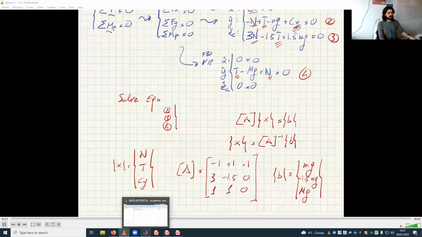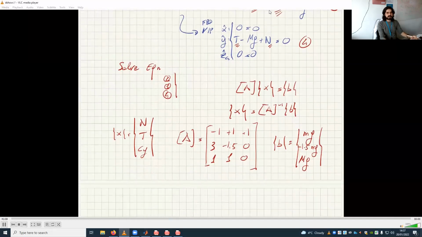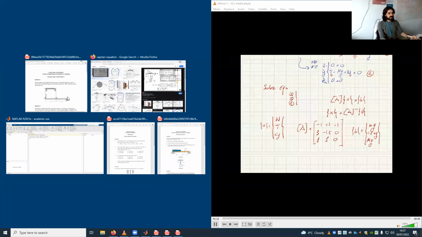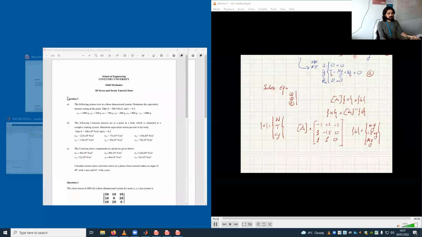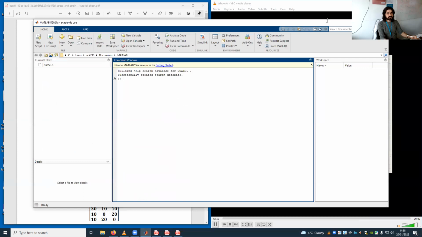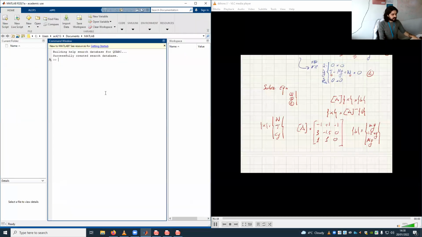Okay, so if I do this in MATLAB now, I can just copy this into MATLAB. Where is MATLAB? There you go. And I can say that matrix A is minus 1, 1, 1, 3, minus 1.5, 0, 1, 1, 0. B is M, which was 40 times 9.81.